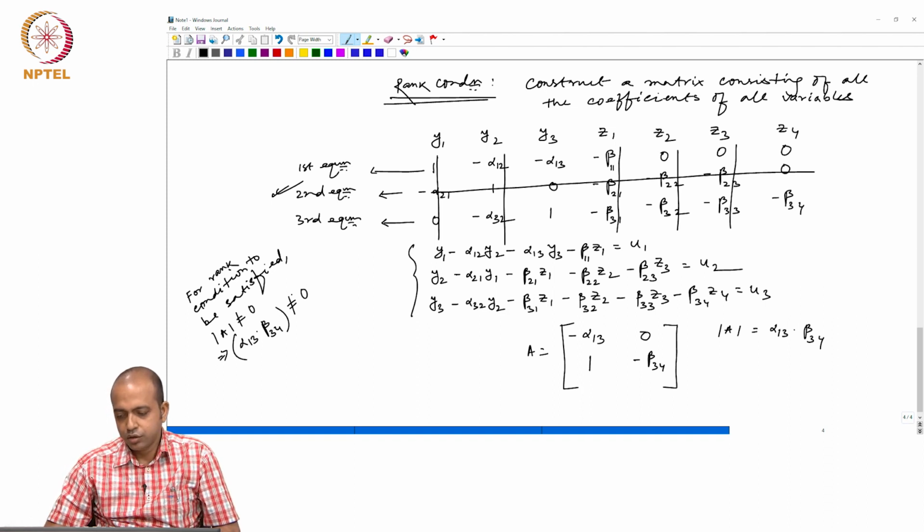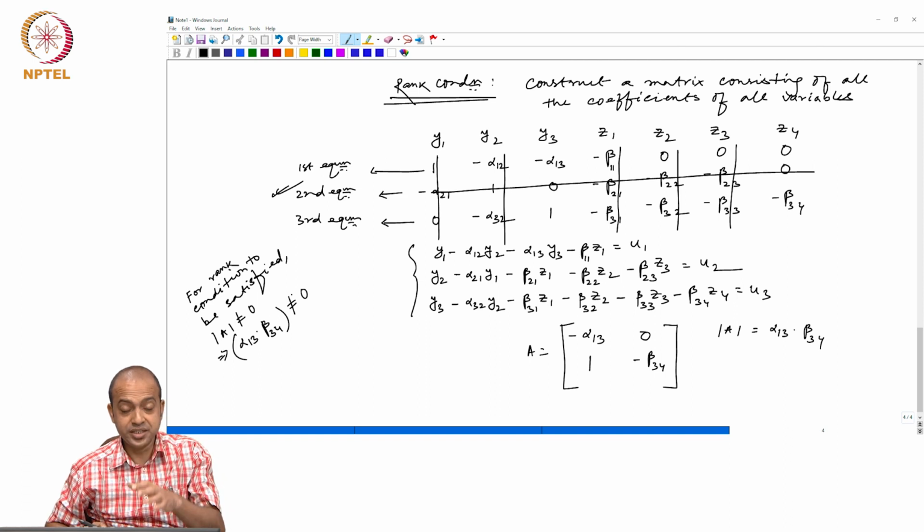So that is the general rank condition, which is easy to identify.